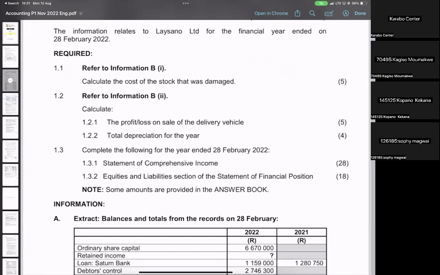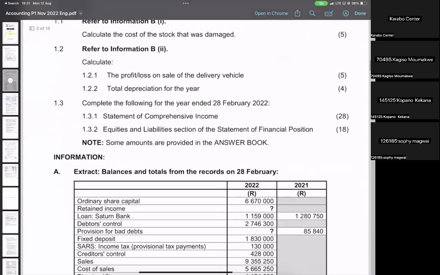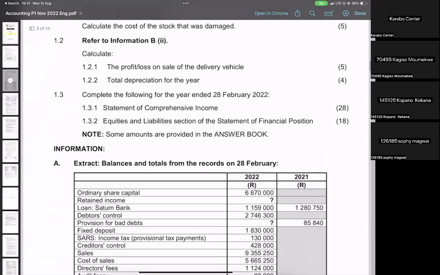Before we go to the main question, which is the statement of comprehensive income, 28 marks. There are things that we are going to record on the statement of comprehensive income that we already calculated.